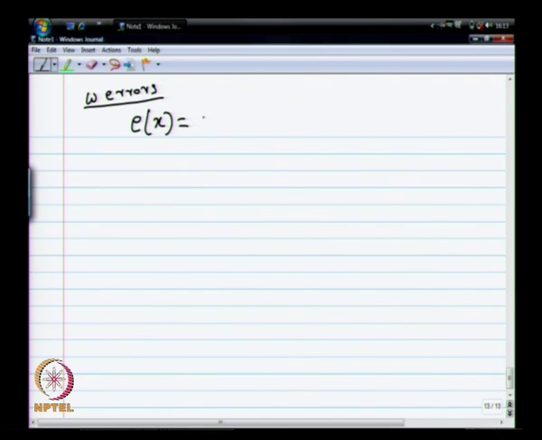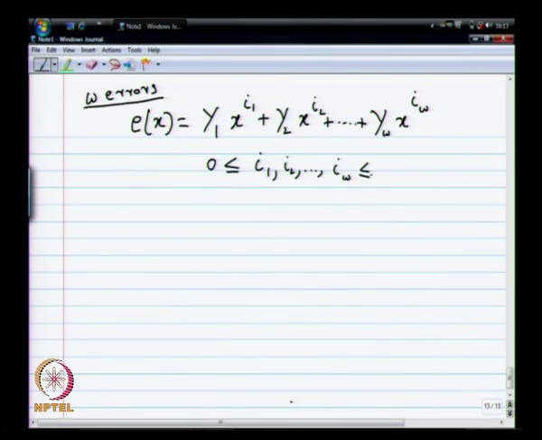So we will take E of x as y1 x power I1 plus y2 x power I2 and so on till yW x power IW. These I1 to IW are between 0 and n minus 1, and the yi's belong to GF 2 power m. So this is our E of x, and we have to solve for these equations.